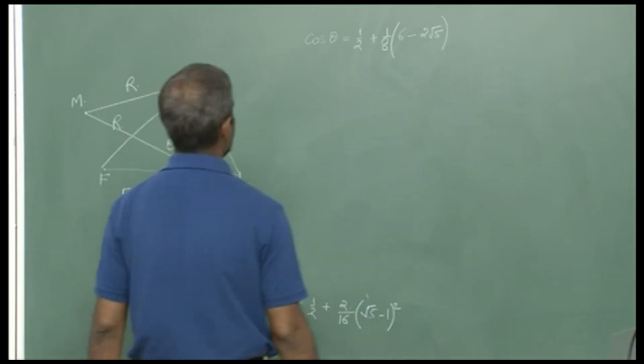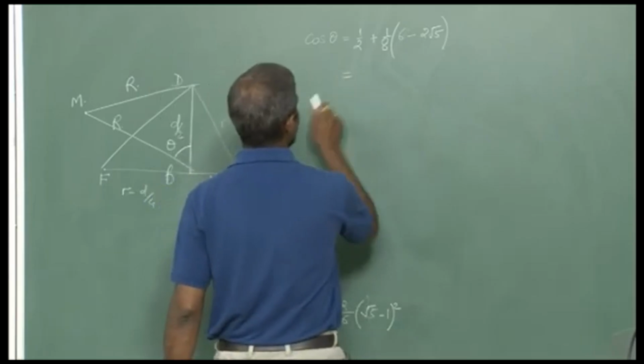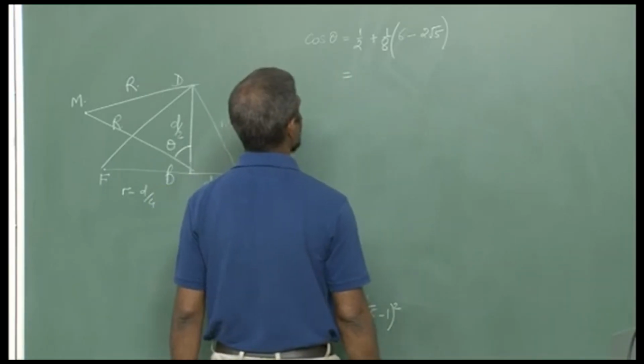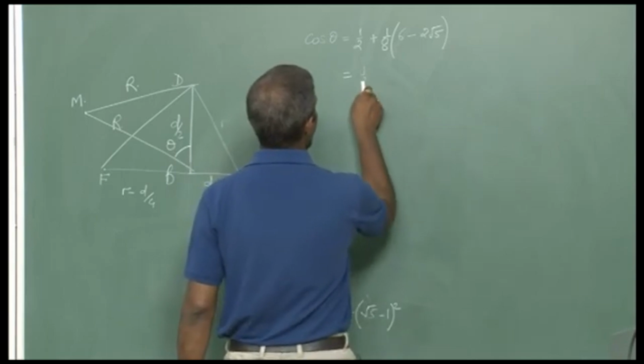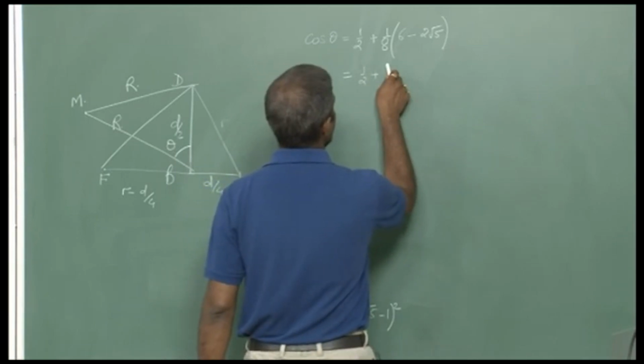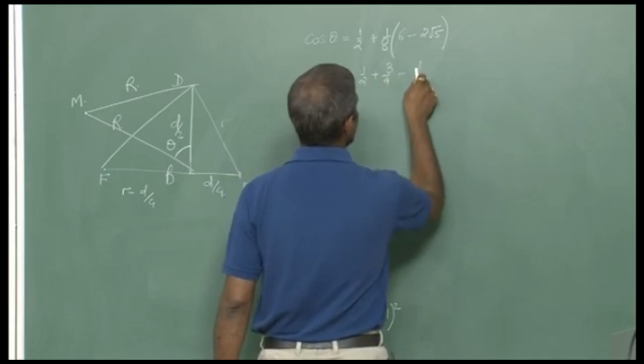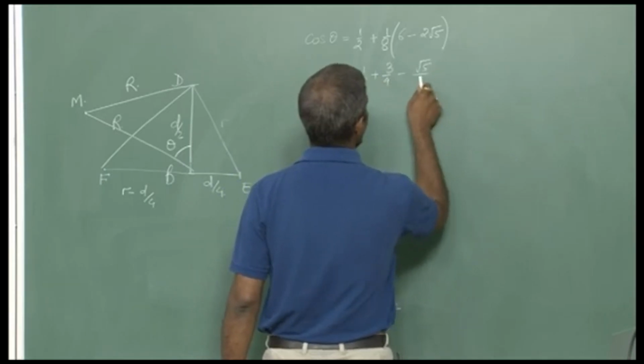Seems a little awkward. Let's see where it takes me. Half plus 3 over 4 minus root of 5 by 4.